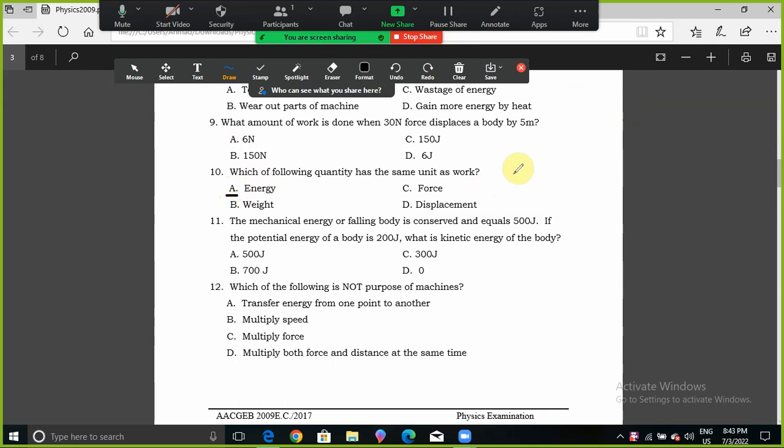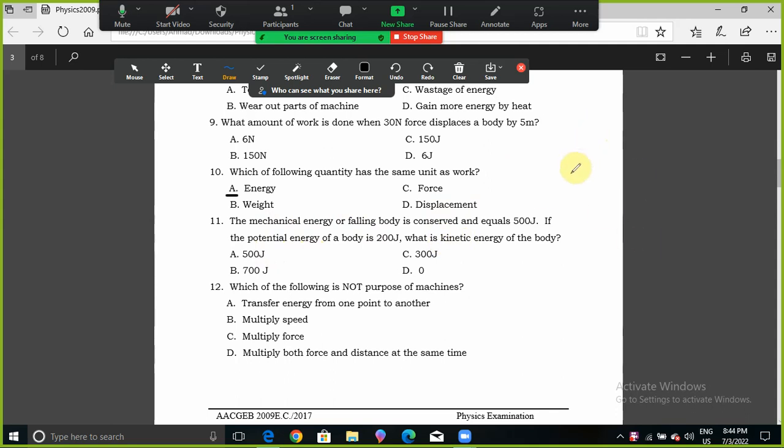Okay, now question number 11 says, the mechanical energy of a falling body is conserved and equals 500 joule. If the potential energy of the body is 200 joule, what is the kinetic energy of the body? First of all, he mentions mechanical energy, potential energy and kinetic energy, right?